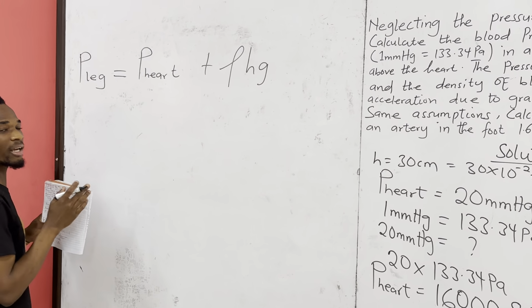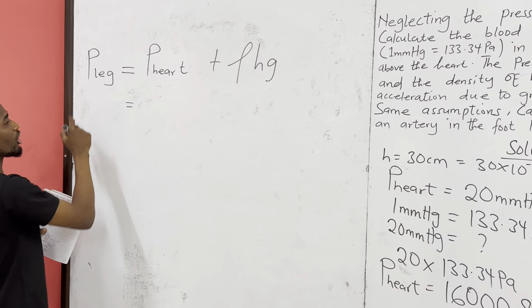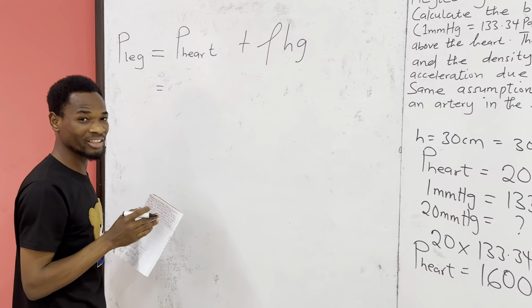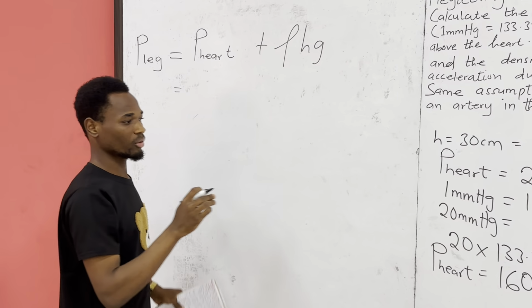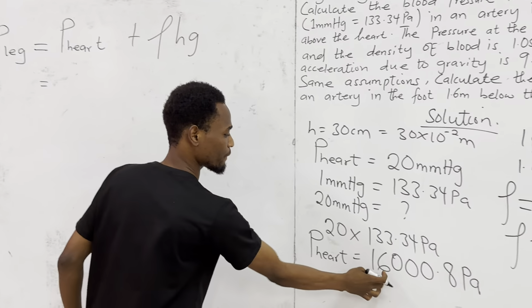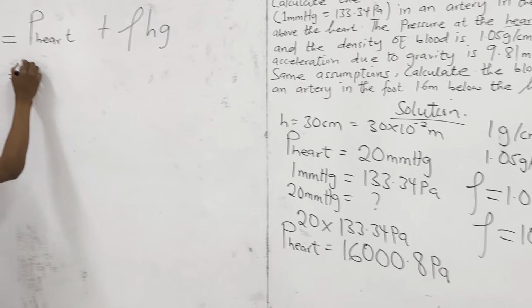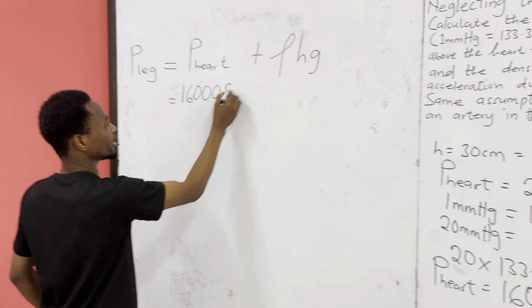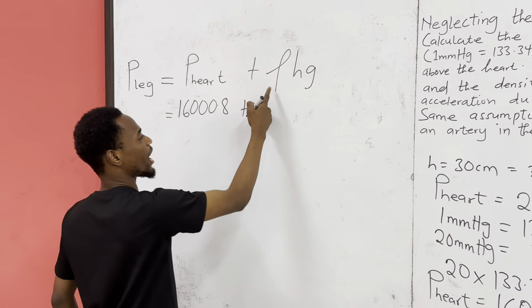So we are sticking to the same assumption. We have the pressure of the heart already expressed in Pascal: 16000.8 plus, then my rho.